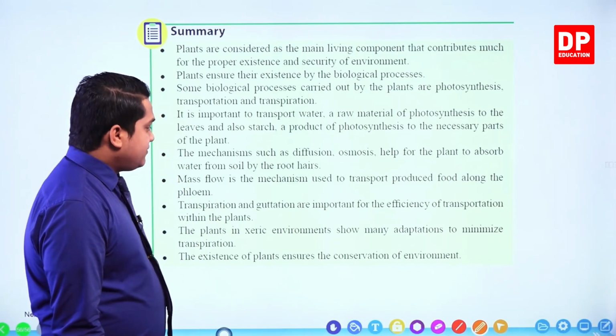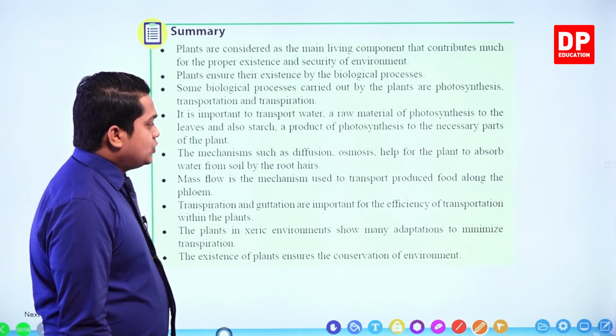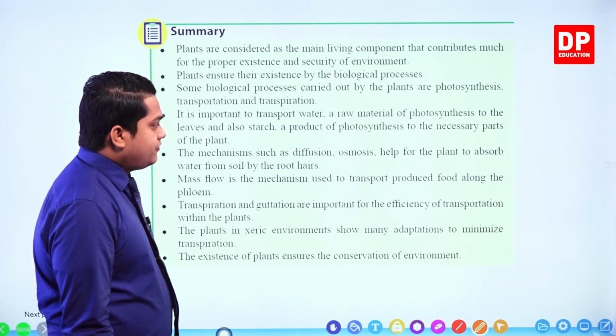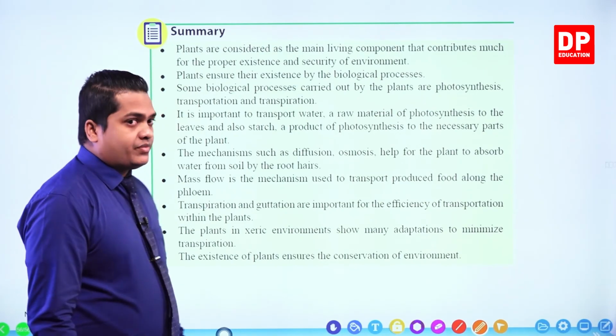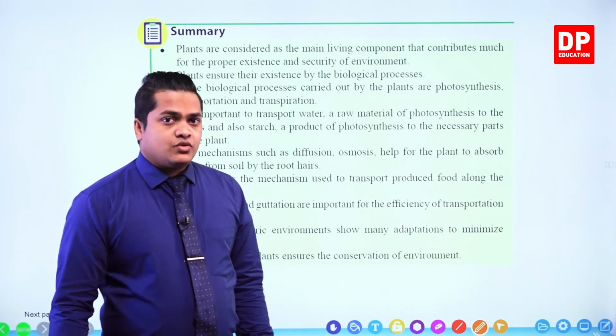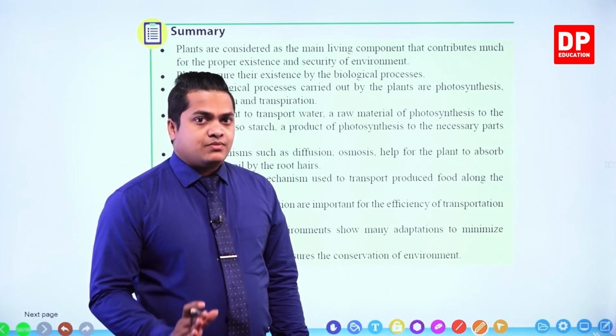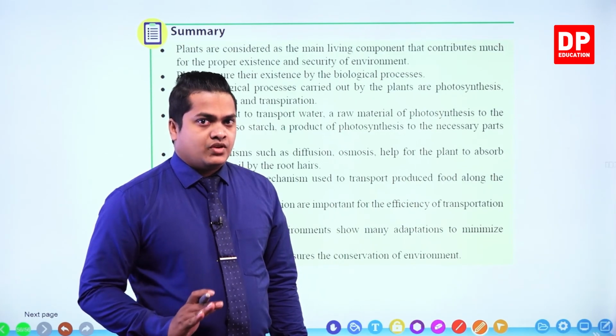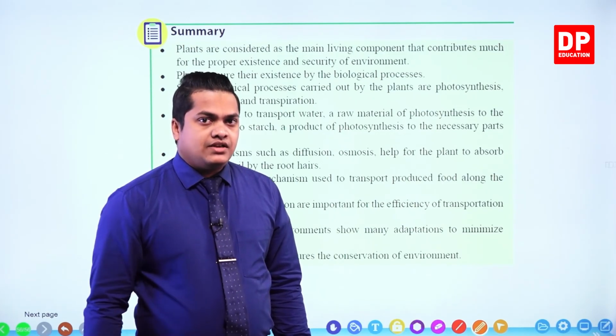Mass flow is the mechanism used to transport produced food along the phloem. Phloem tissue is the one which helps in transporting food prepared within the plant leaves.